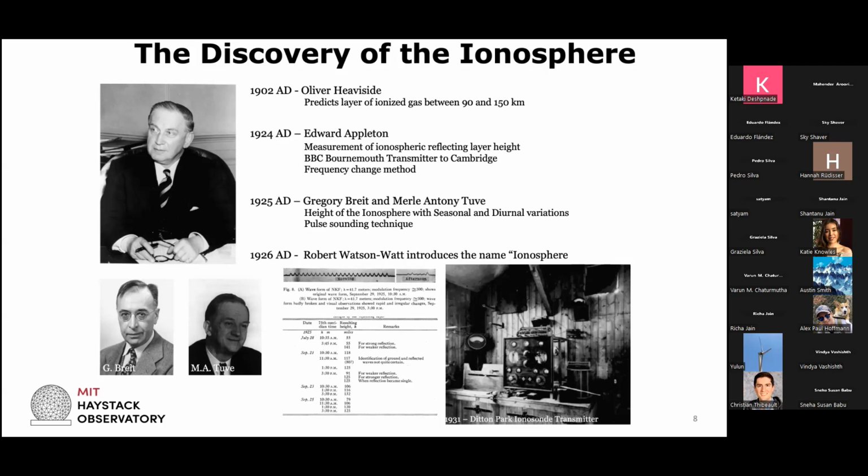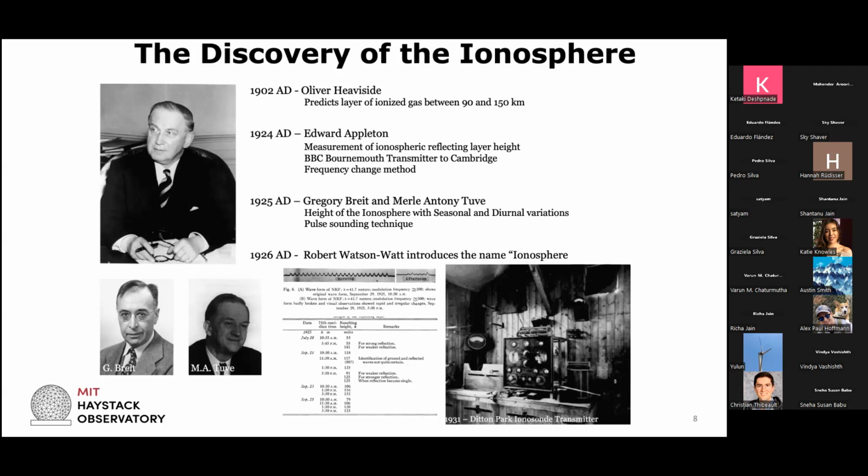In 1924, Edward Appleton measured the ionospheric reflecting layer height with a transmitter going from Bournemouth to Cambridge, and he used a frequency change method to measure this.